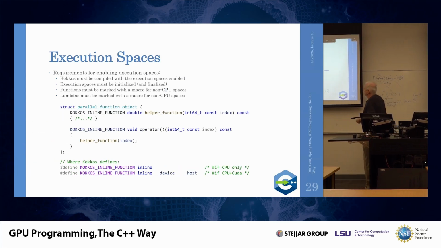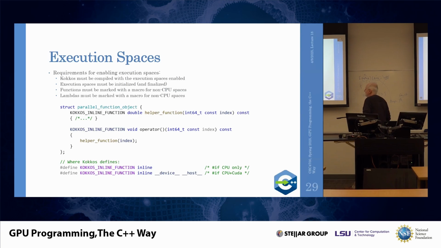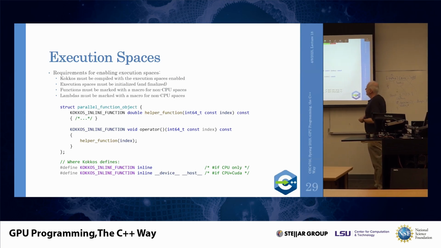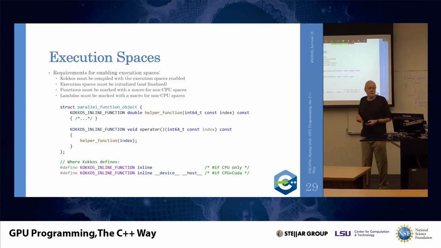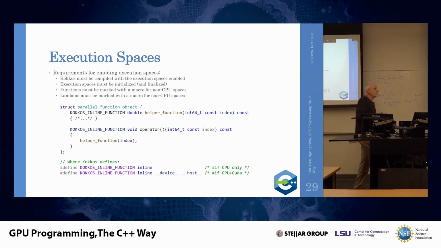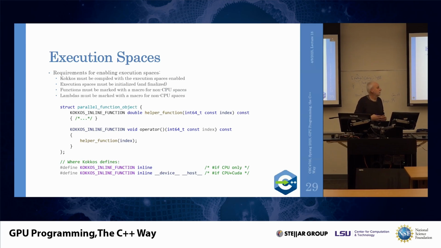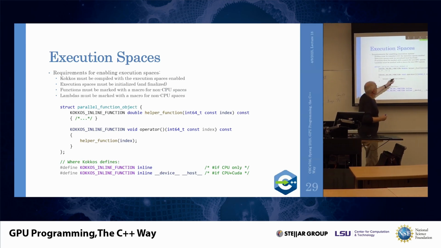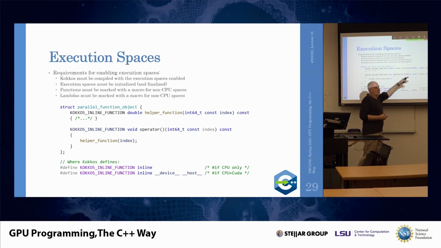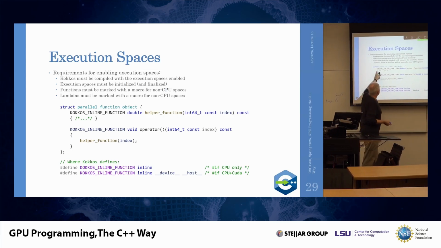The only thing you have to be aware of is that as soon as you use execution spaces, you have to annotate your functions and your function objects with special macros, with special keywords. Whenever you have a function that is supposed to run on an execution space, you have to prefix it with KOKKOS_INLINE_FUNCTION.